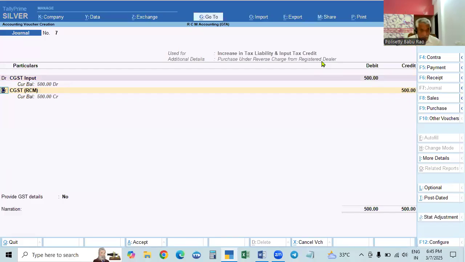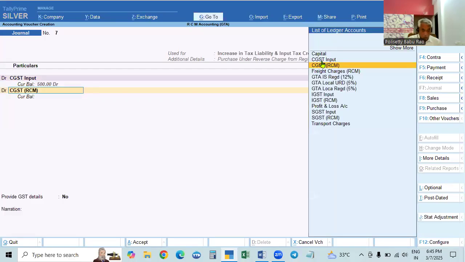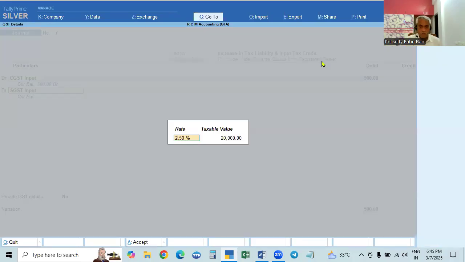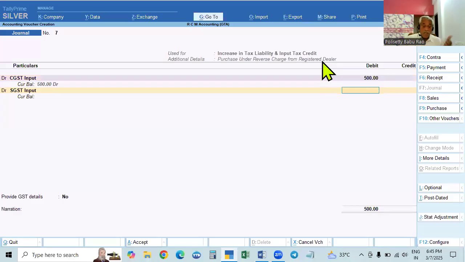Again, you click debit, then CGST input, then SGST input also. For the input tax credit, we can simply say CGST, SGST along with all other things. For liability only, we say CGST RCM, SGST RCM. For the input, if they are collecting from the sales, then you have to make it as CGST output.